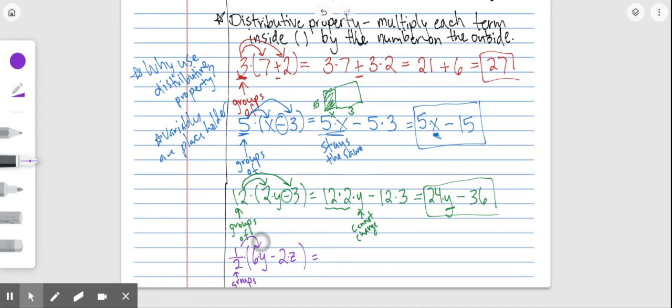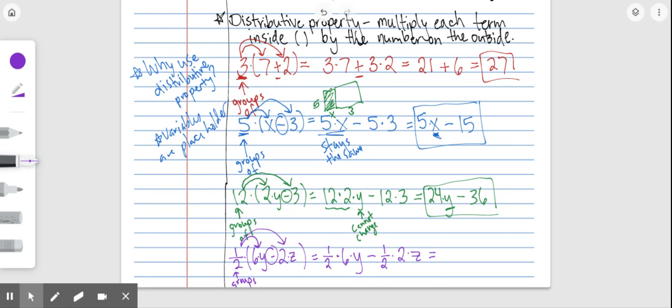So there's half of 6 times y. And then the symbol in the middle is subtraction again, so I'm going to keep the subtraction. And then I get half of 2 times z.